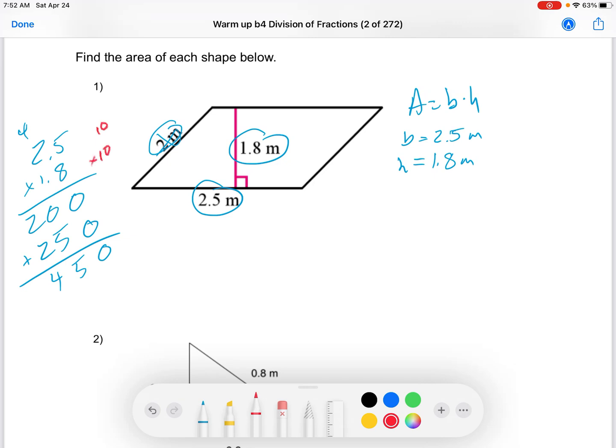This is 18 tenths. So my answer has to be in the hundredths. So hundredths, tenths, 4.5. 4.5 will be my answer for that one. So area equals 2.5 times 1.8 for an answer of 4.5 square meters.